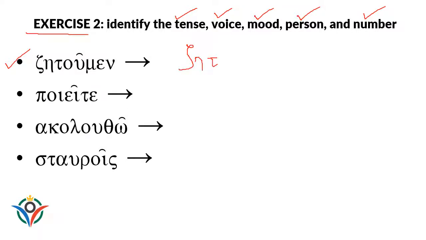Let's just say hypothetically, we would see it like this, but as you can see, we now have a diphthong with the circumflex, which is the sign that two vowels have contracted.